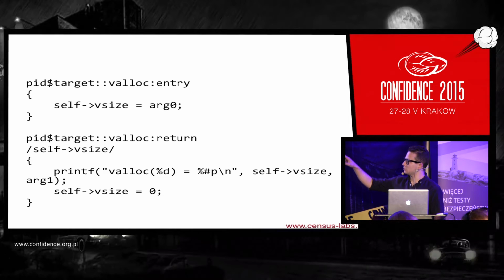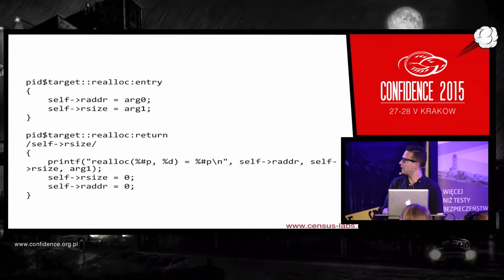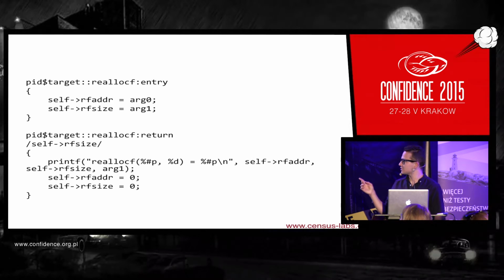I'm using entry and return because on entry I have the requested size, and on return I have the memory pointer. So I need two probes for each function. And this is interesting: why do they have reallocf when they have realloc?